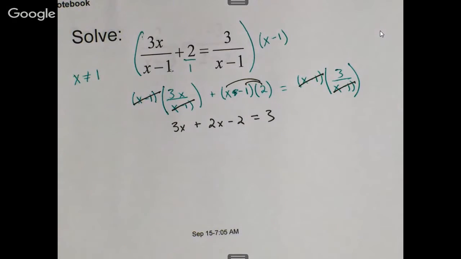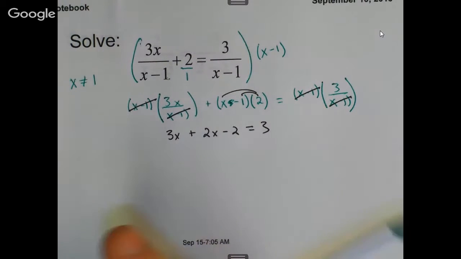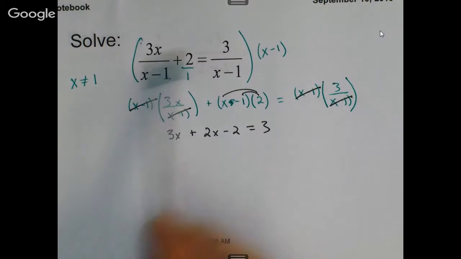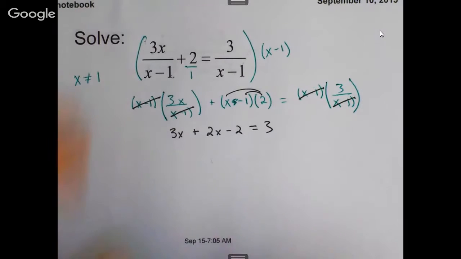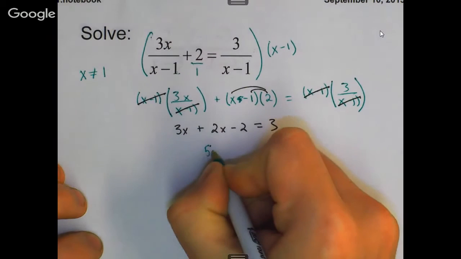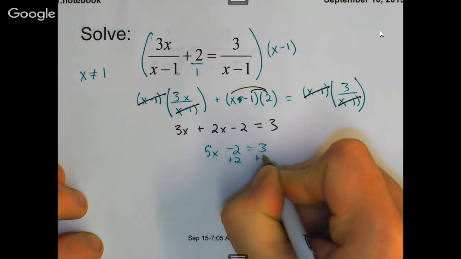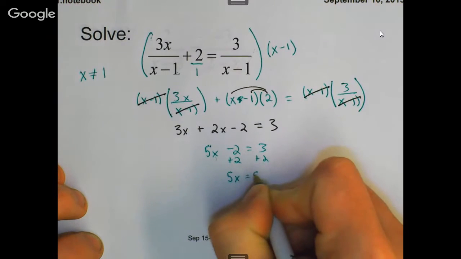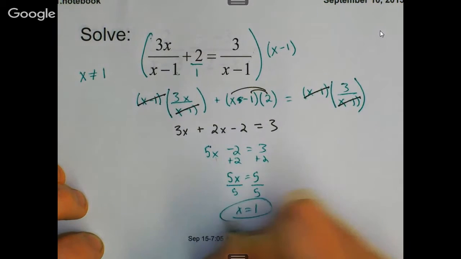So something that looked pretty hard, most of you would probably freeze up and skip this one, has now become very, very simple. So now we'll just say that 5x minus 2 equals 3, plus 2 plus 2, 5x equals 5, divide by 5, and x equals 1.